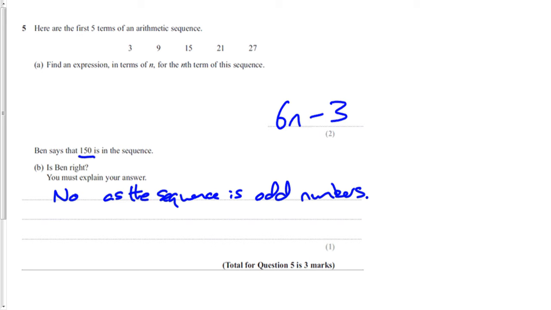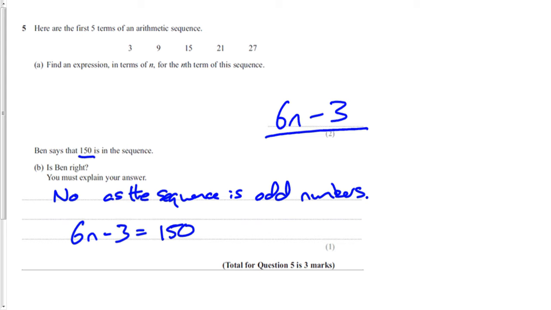However, what if they said is 151 in the sequence, as they often would? What you do on a question like this is you set your nth term, 6n minus 3, and you set it equal to what they've asked for. So 6n minus 3, in this case, equals 150. Now if you can work that out, and it's a whole number, then it is in the sequence. If you can't, then it's not in the sequence.